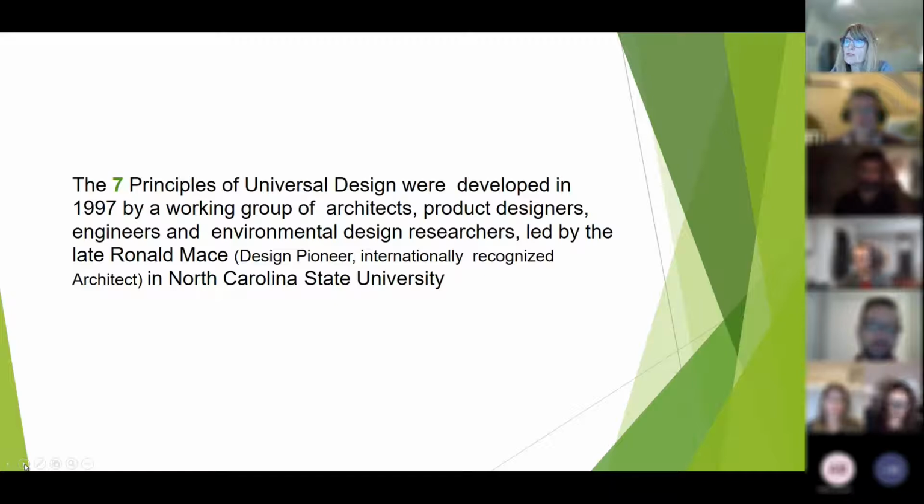Okay, now this takes us to universal design and the principles of universal design, and I'm going to go through them very quickly. I'm not going to go into depth because we don't have that much time.